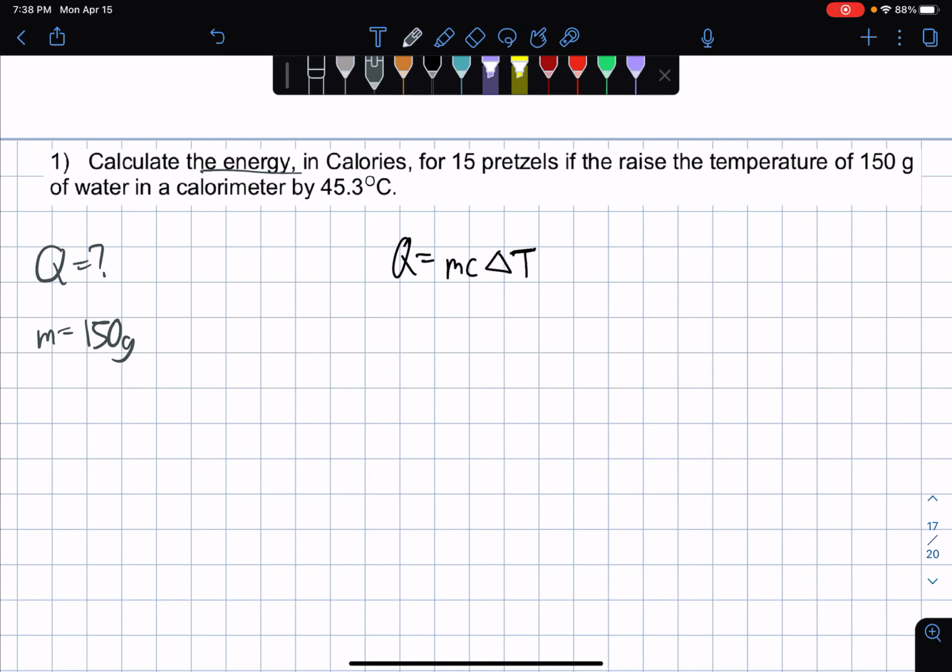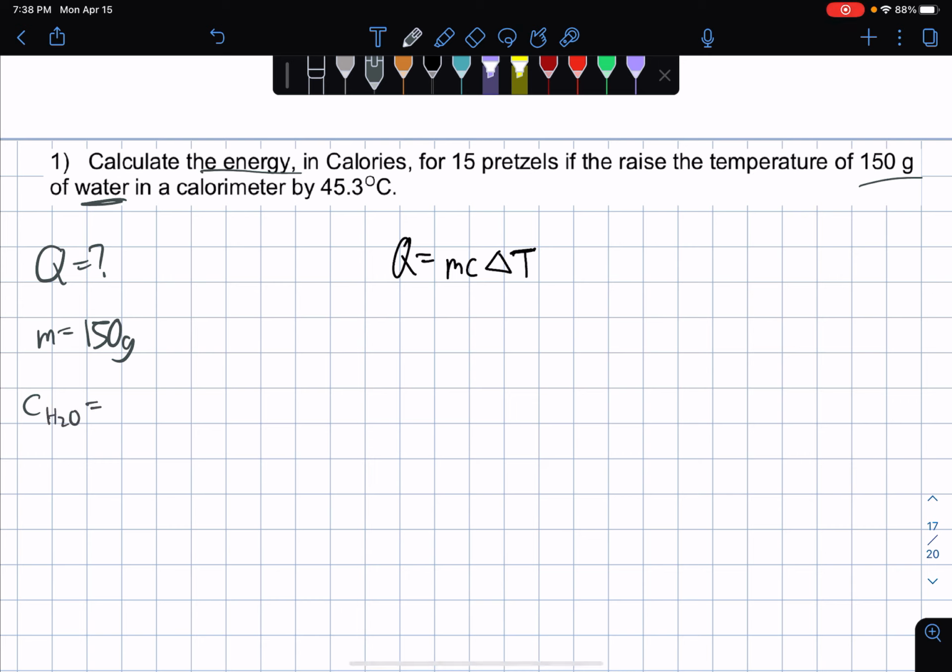But we do know that for food in general, such as pretzels, the specific heat... Well, no. Please disregard what I said. So 150 grams of water. This could be translated to ml, but it certainly pertains to water.